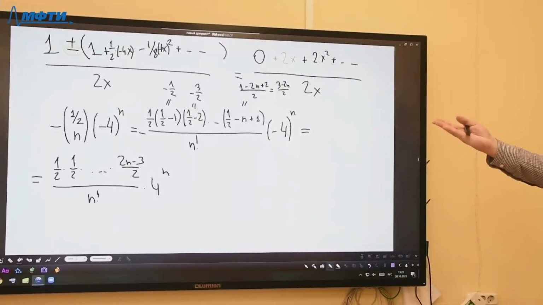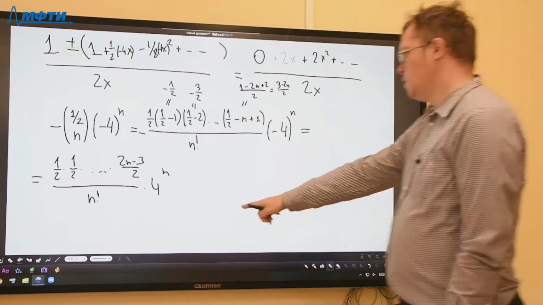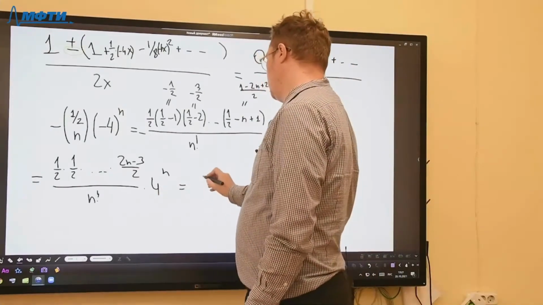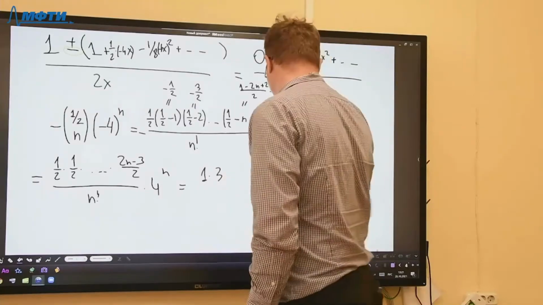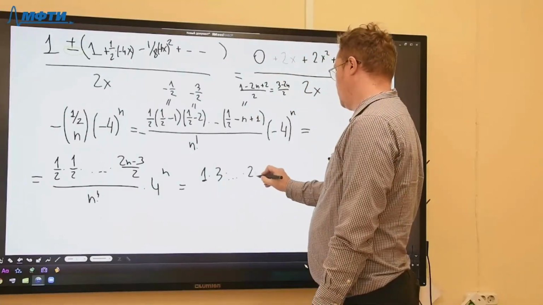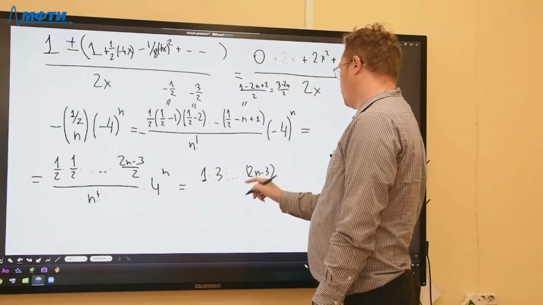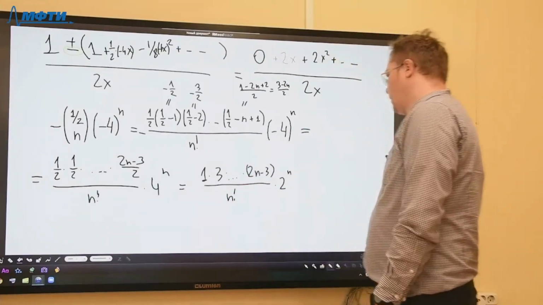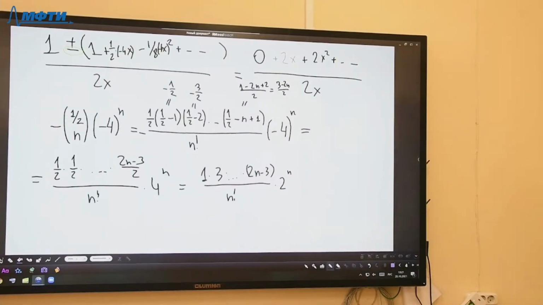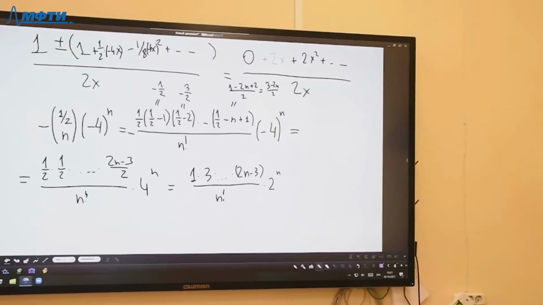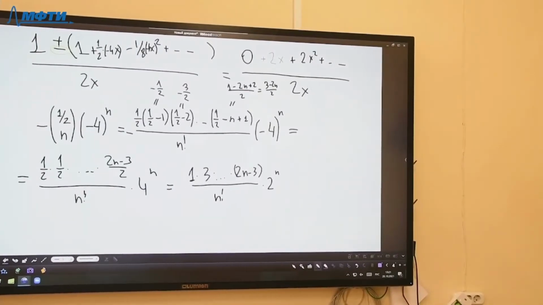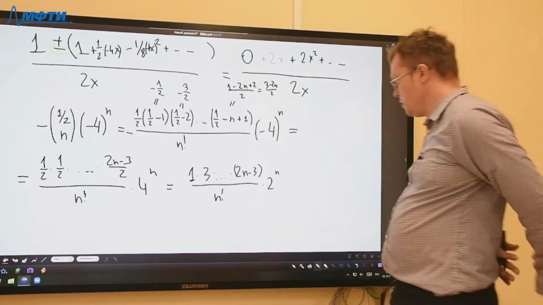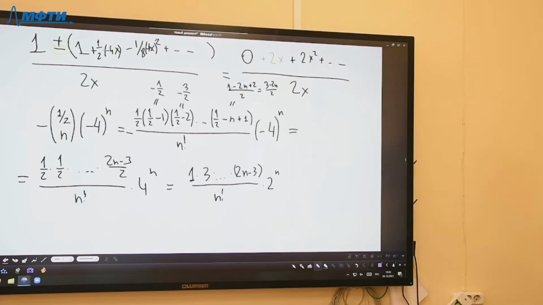Okay, we can get rid of the denominators because they will be cancelled with this. So we have just the product of all odd numbers from 1 to 2n minus 3 over n factorial times 2 to the power n. Of course, we want to add some even elements, because we want this to be some kind of binomial coefficient.